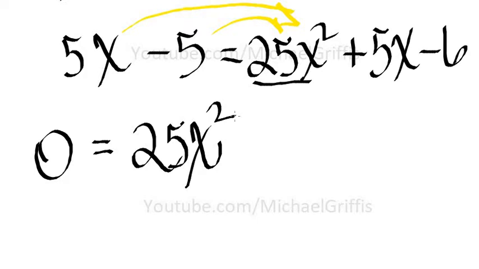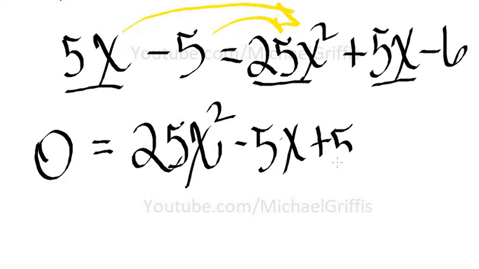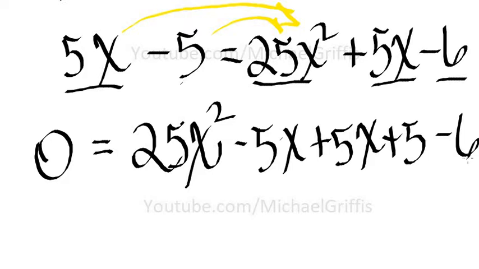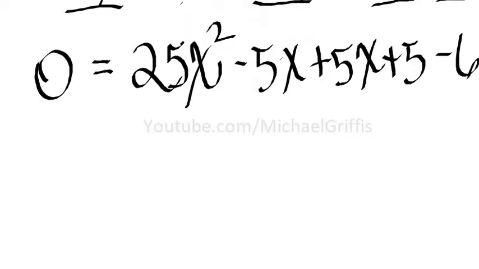All right, so I'm going to take this 5x over. It's going to be minus 5x. I'm going to go ahead and rewrite this. Take the negative 5 over, becomes positive 5. And then just rewrite.